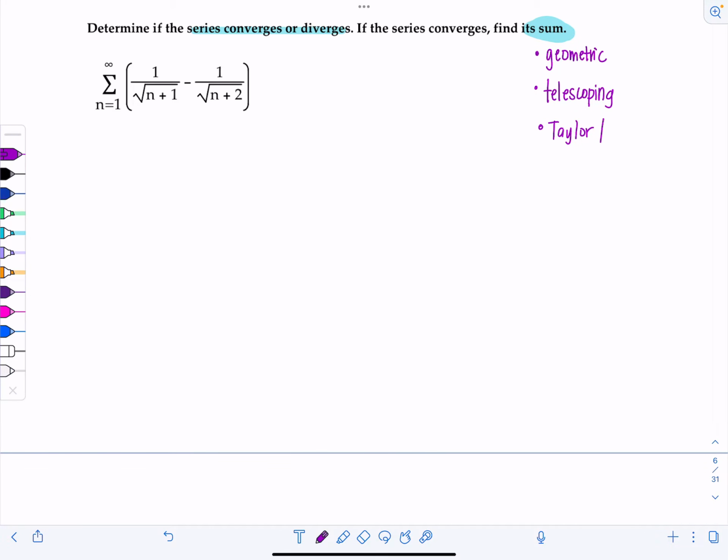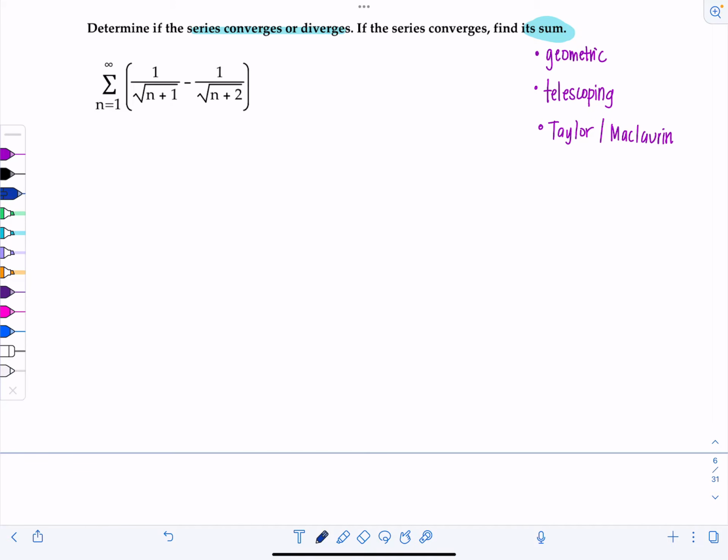Actually just Maclaurin, but whatever. Maclaurin is a special case of Taylor. So the fact that the directions tell me to find its sum means it has to be either geometric, telescoping, or Taylor-Maclaurin. And I'm looking at it, this is not geometric. We'll talk about geometric in a hot second. Not Taylor or Maclaurin, so it's got to be telescoping. So just remember that fact, because the directions give you so many clues.